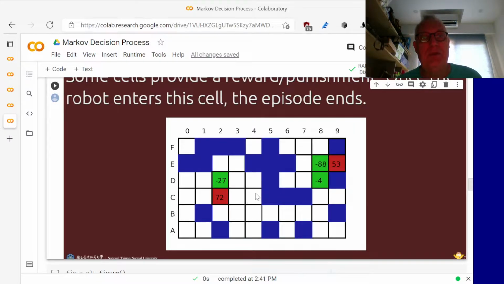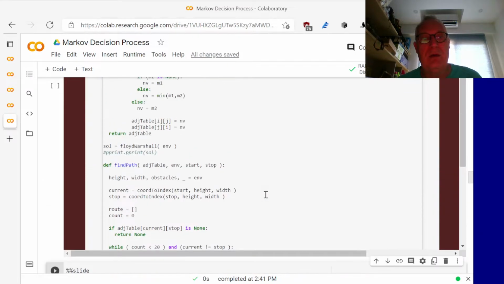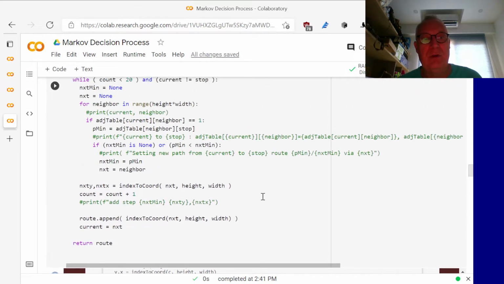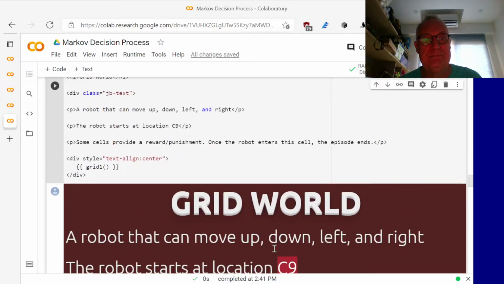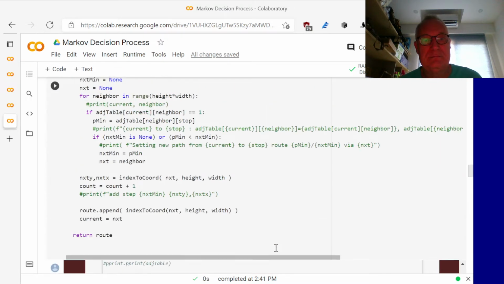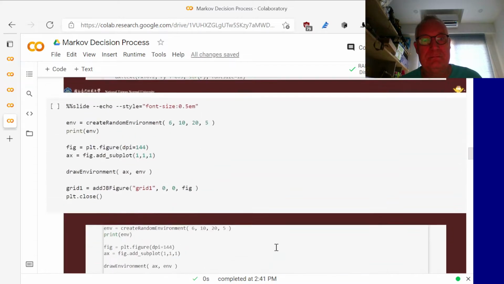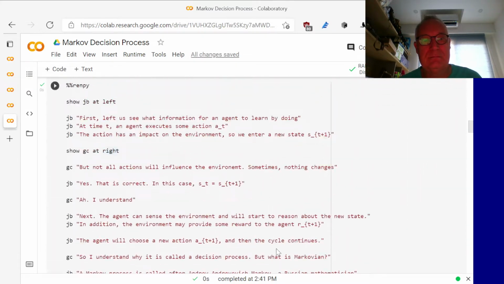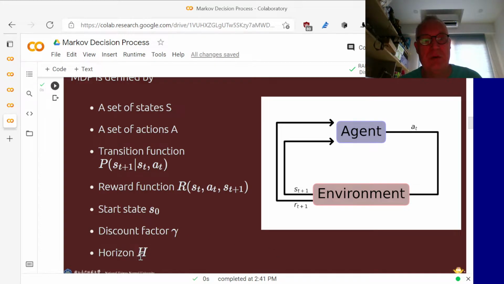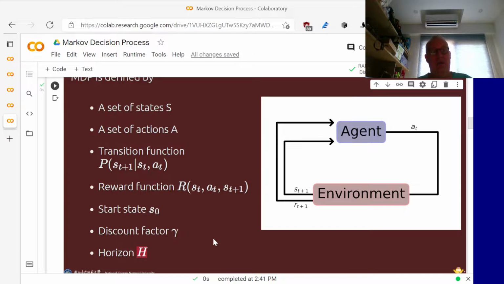The end of the episode is what's called the horizon. So in our definition here, this horizon H is basically how long, how far we are going to run this experiment. When does the experiment end?